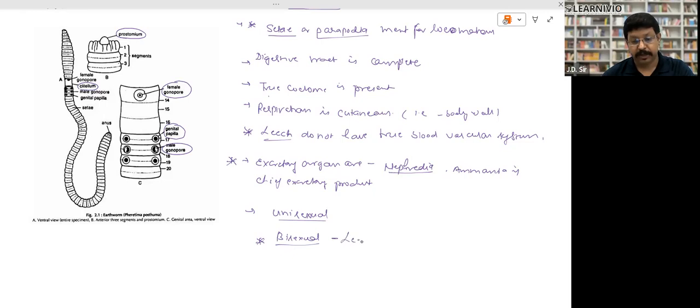So leech is bisexual, means they will have both sex in the same organism. And earthworm is bisexual. Where they are unisexual, the sexes are different, means different organism have different sex, right? Nereis is unisexual. That you need to remember.